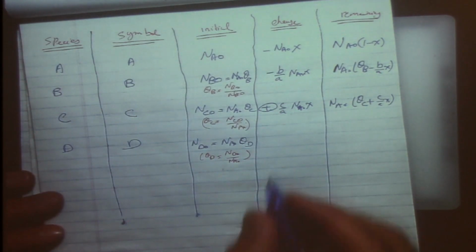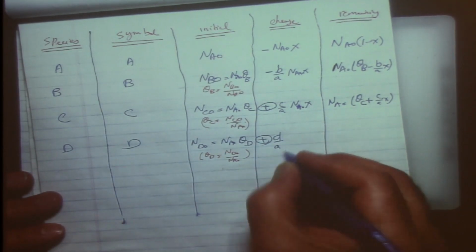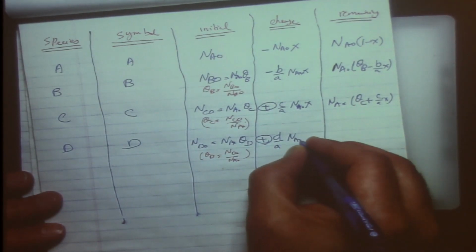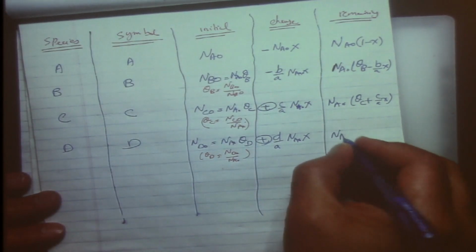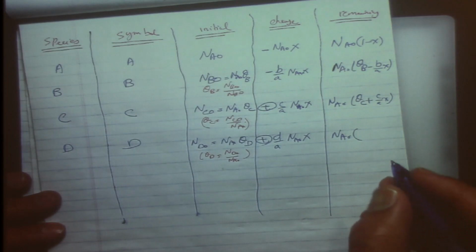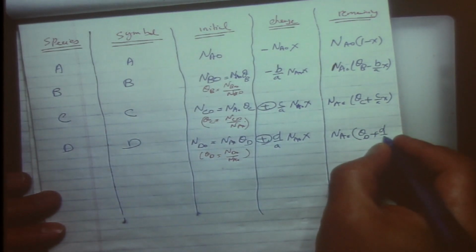The change would be plus D over A times NA0 X, and then the ND would be NA0 theta D plus D over A X.